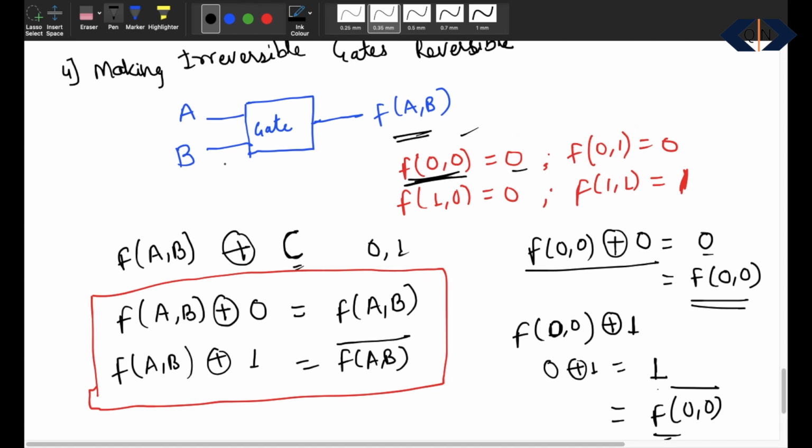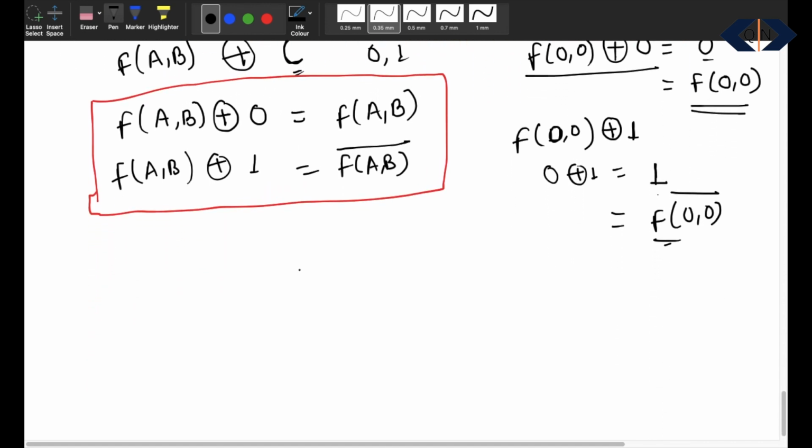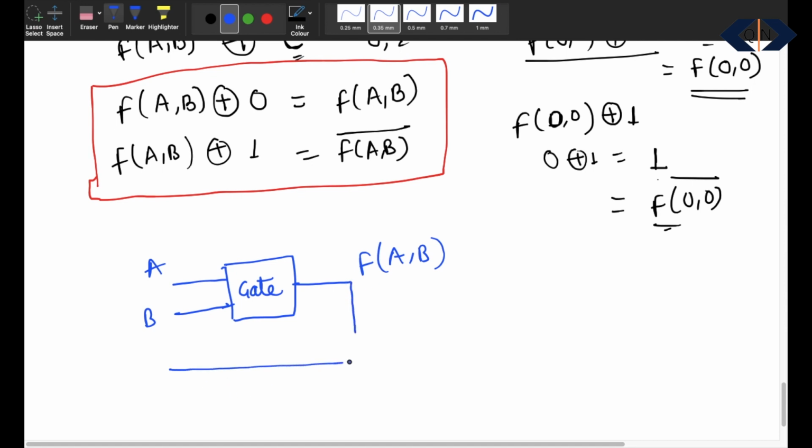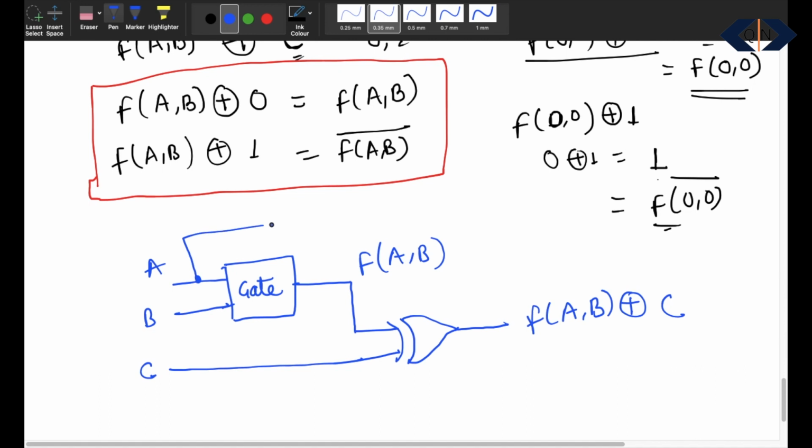Now look back. We have this gate and we have a function of A and B. This is A, this is B. Now what we will do is introduce a third input C and apply an XOR operation, and the output will be equivalent to F(A,B) XOR C, and we will take A as usual and B here.